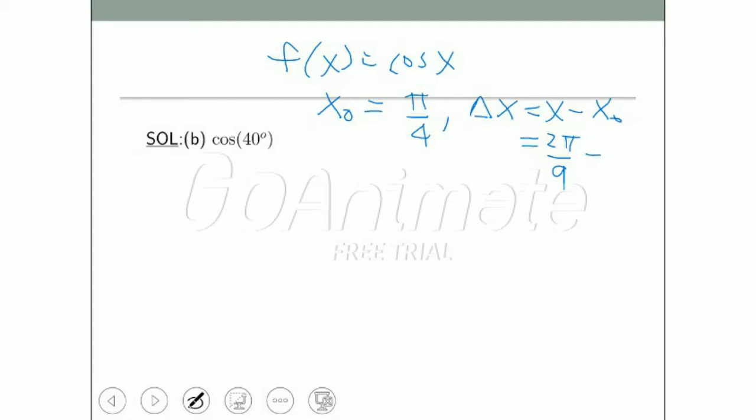So 2 pi over 9 minus x naught, which is pi over 4. So we cross multiply: 8 pi over 36 minus 9 pi over 36, which is minus pi over 36. Okay, so this is our change in x.